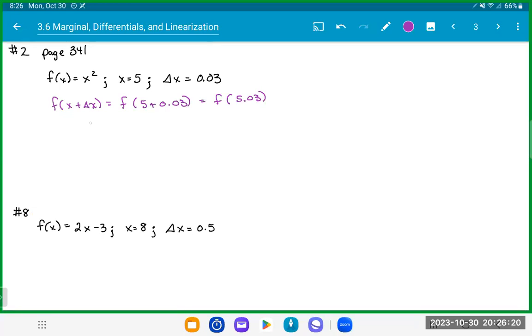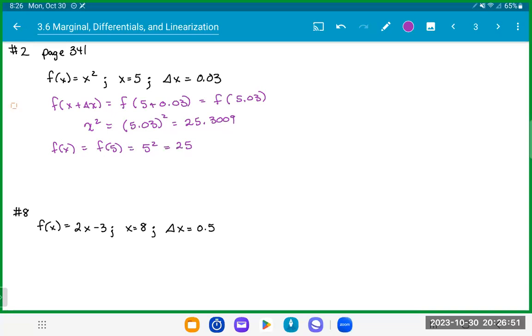So we're going to evaluate our function. Our function is x squared. So that equals 5.03 squared, and so that is 25.3009. Okay. So when we evaluate just our function, f of x, right, that is going to be f of 5, which is 5 squared, which is 25.